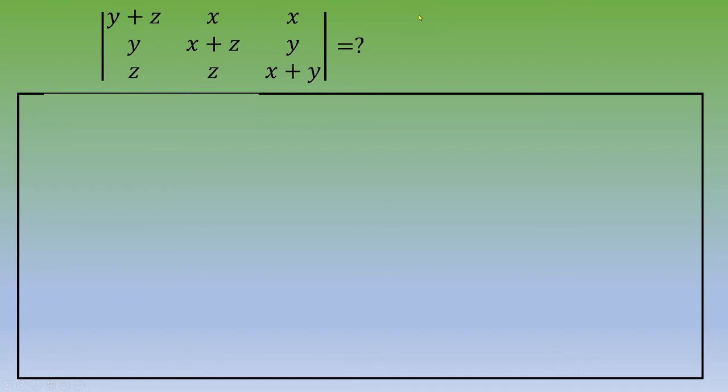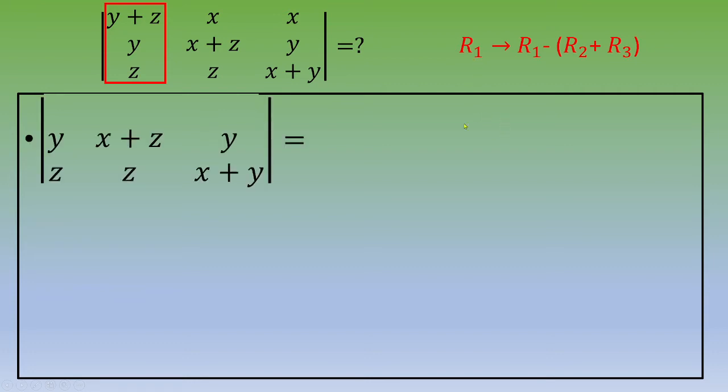Let's begin. We can notice that in column number 1, we've got y plus z, y and z. The operation could be row number 1 minus row number 2 plus row number 3, and it will replace row number 1. Let's do this together.